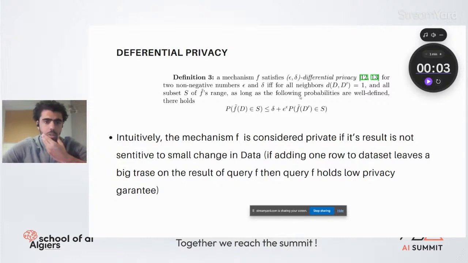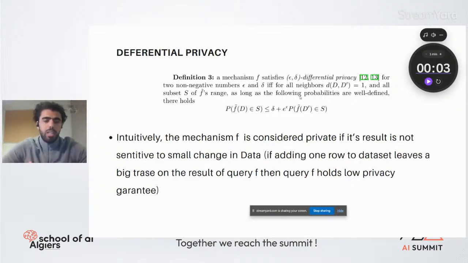So the formal definition of differential privacy: we say that mechanism F, a mechanism is any function that takes data as input and outputs a random variable. So you can imagine a mechanism F as a count query on the data.